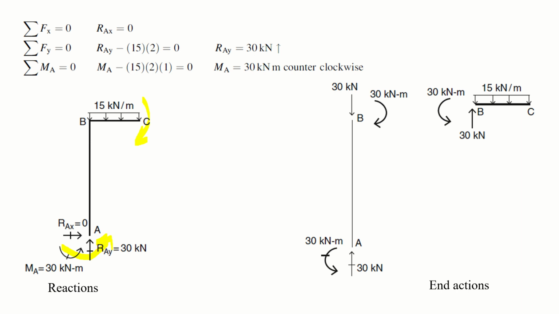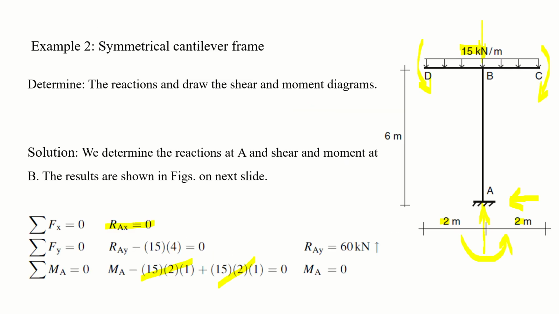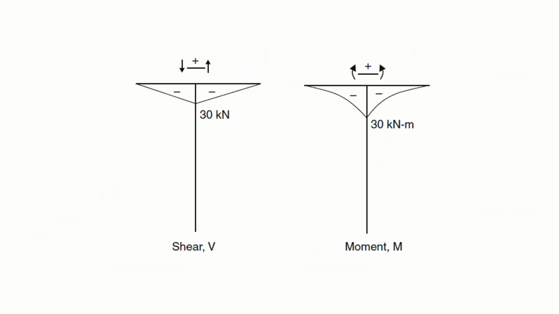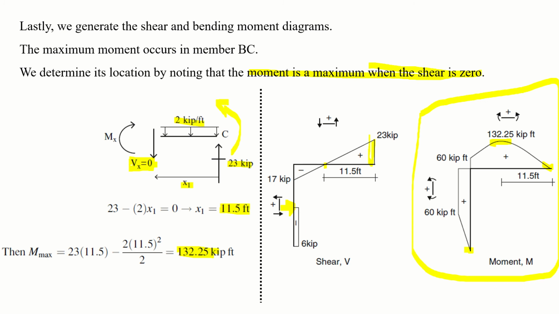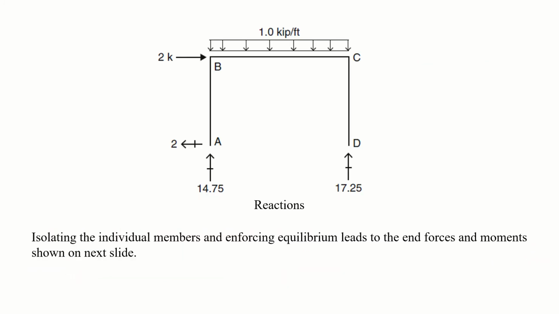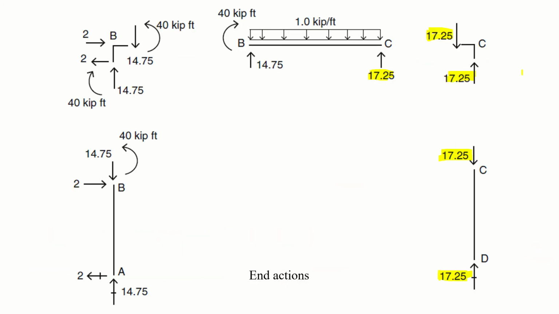Either you can use the method of examples 1 and 2, or, for example, if I draw the joint B, so 30 kilonewton is acting upward, I will apply 30 kilonewton downward, and here is downward, so I will apply here upward, and here is upward, so here is the downward. This is how they have done in examples 3 and 4. It is solely your choice. If you want to draw the joint separately, you can go for it.